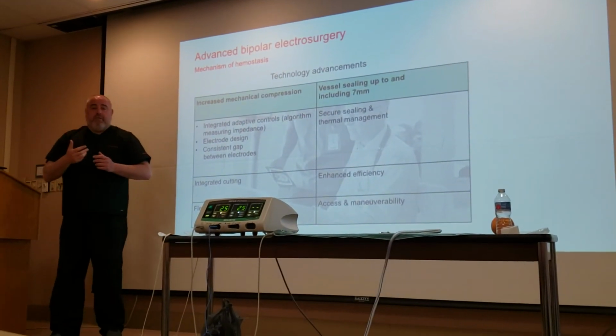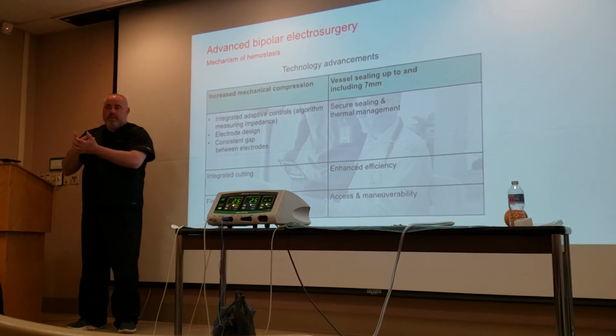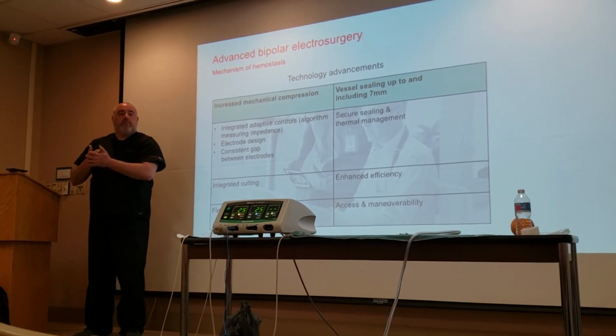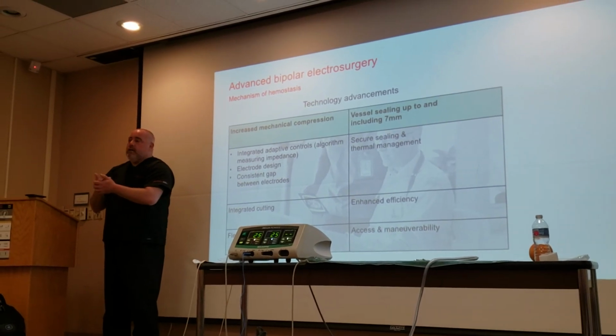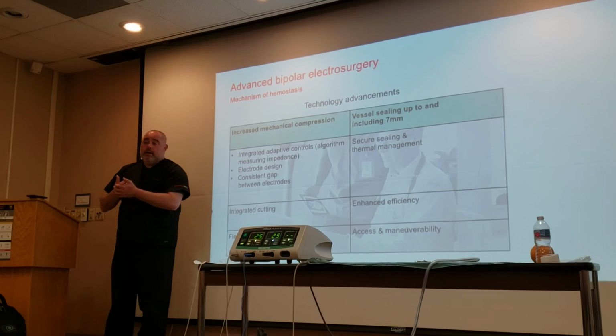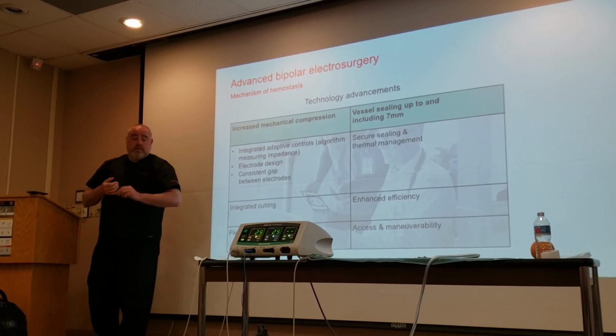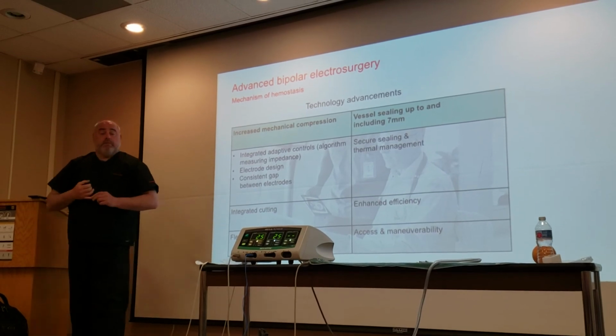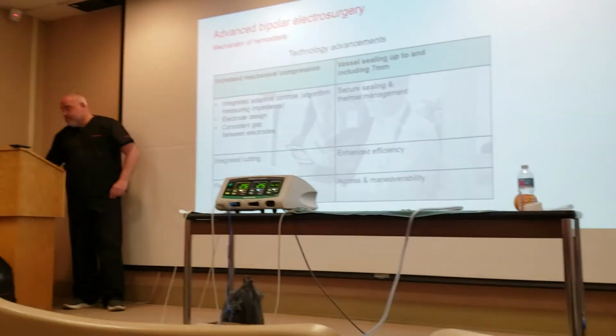Because we also provide some mechanisms in the back of the handset that increase compression, we can take some pretty big vessels with most of the advanced bipolar instruments available. We can take up to typically a 7mm vessel. A 7mm vessel is probably that big, so pretty stout.